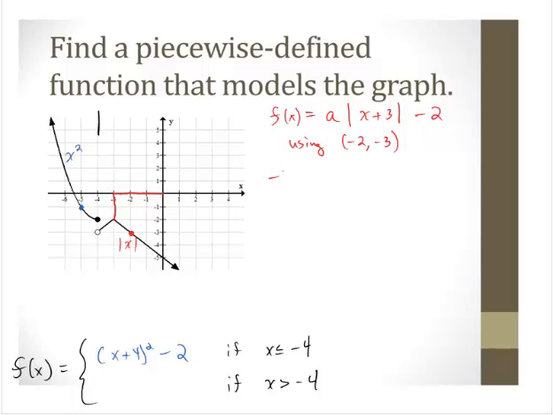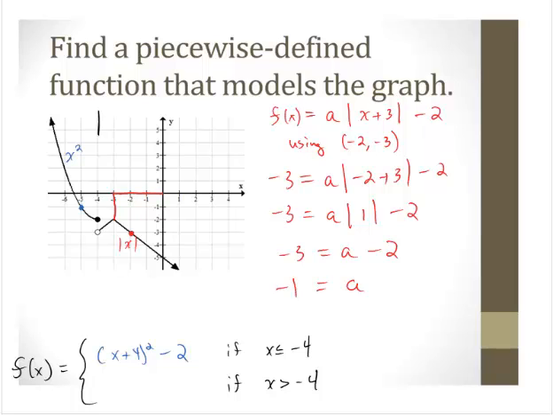I would have -3 is equal to a times the absolute value of -2 plus 3 minus 2. So -3 is equal to a times the absolute value of 1 minus 2. The absolute value of 1 is 1, so I have -3 is equal to a minus 2. Adding 2 to both sides, a is -1.